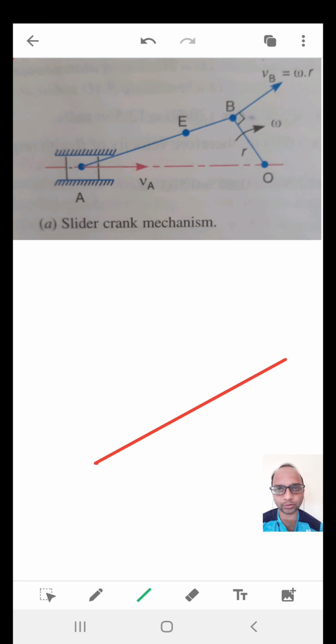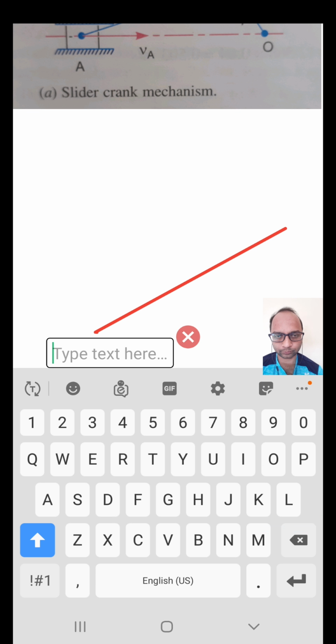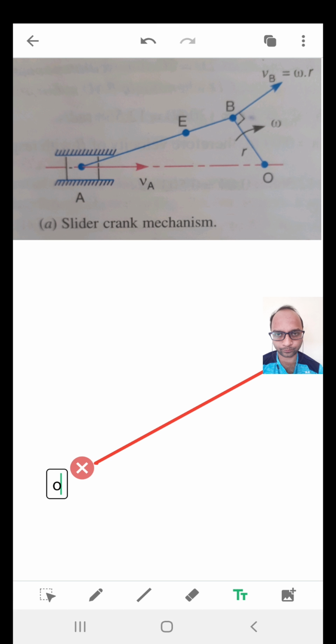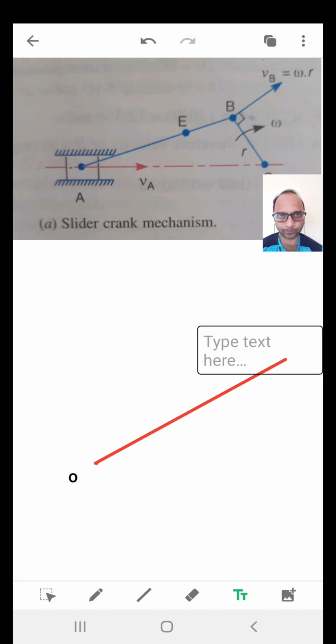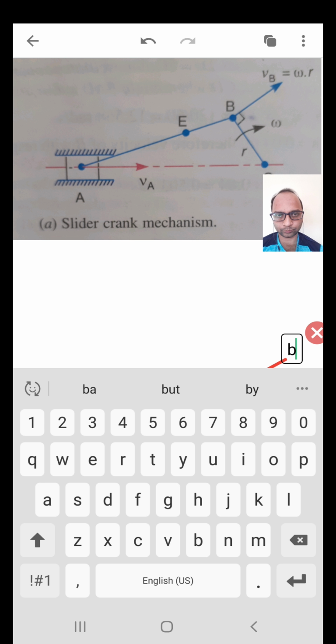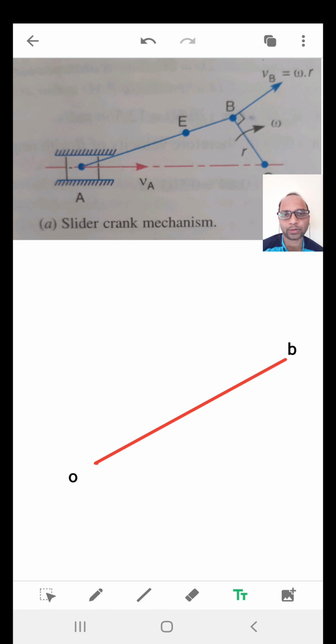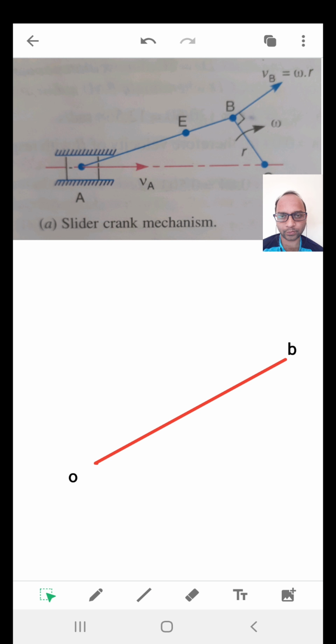This is point O, and another point is B. I draw a perpendicular from point B, perpendicular to the AB line.